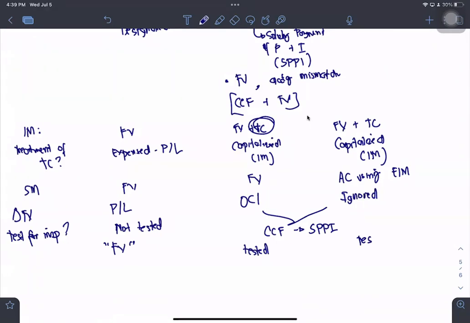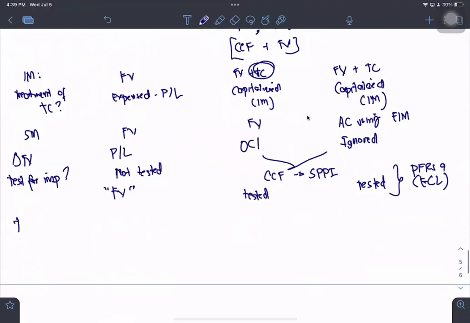FVTOCI, including financial asset at amortized cost, is also tested for impairment. Again, the reason is that you are still accounting for contractual cash flows through your payment of principal and interest. That's why you test them for impairment. And how will you test for impairment? Again, you use your PFRS 9. That is your expected credit loss model. So that is as to your impairment.